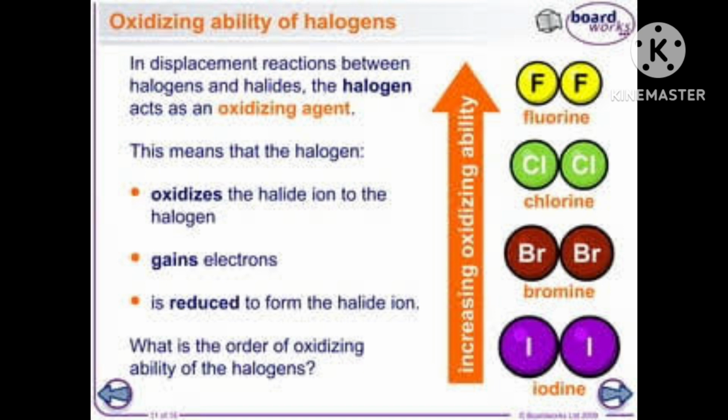The relative oxidizing power of halogens can further be illustrated by their reaction with water.